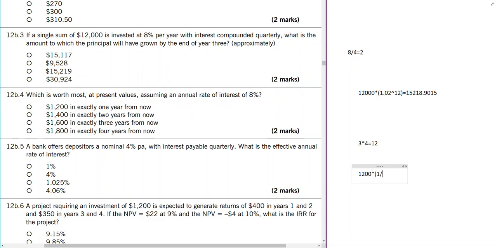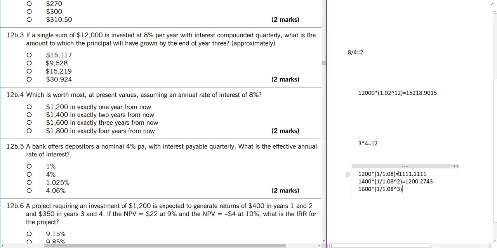1,200, if our rate of interest is 8%, so divide by 1.08. We don't need a power because it is the first year. 1,400 divided by 1.08 is still the same percentage, but the difference is now it is 2 years later. And then 1,600 multiplied by 1 divided by 1.08 to the power of 3.